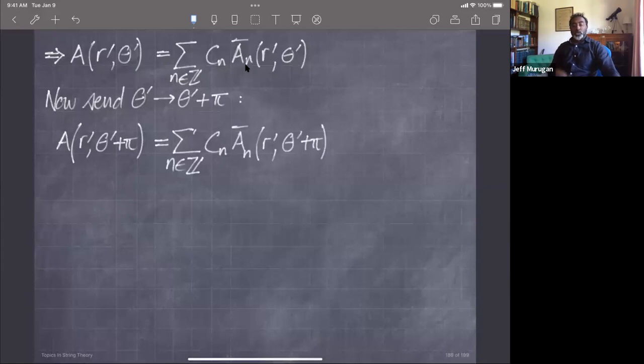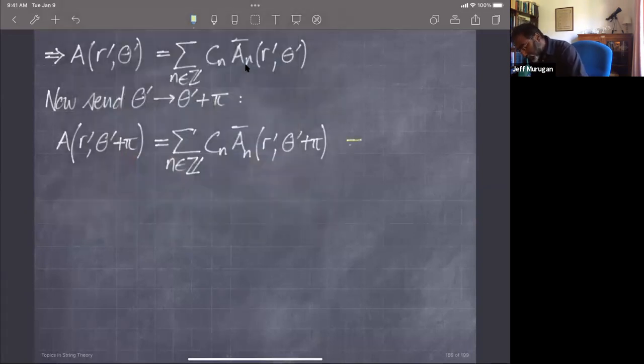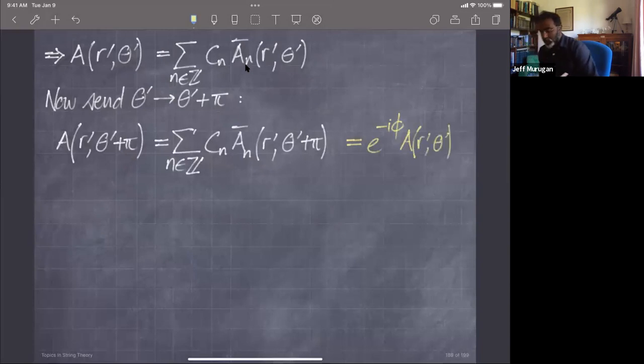Okay, which again, as it did in 3 dimensions, corresponds to the same physical configuration, which means that this has got to be something like e to the minus i phi, A of r prime, theta prime.